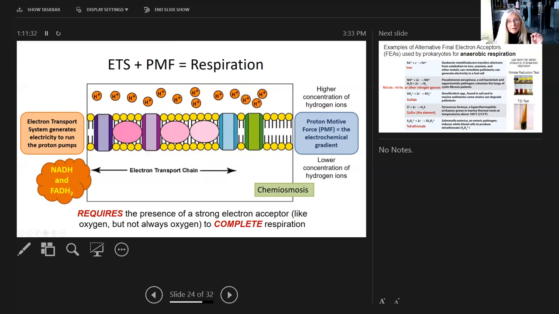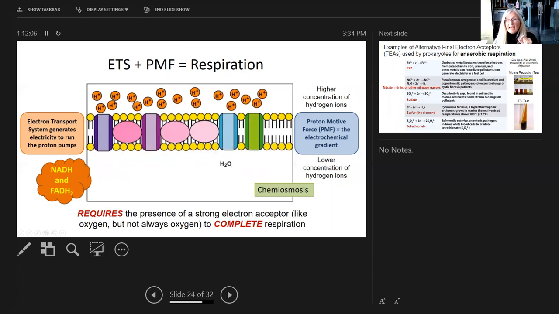But notice what happens. Going back to here, here's our NADH. We remove the H's from them. We split the hydrogen atoms. The electrons are going that way. Look at what the hydrogen protons are doing. Here they get pumped to one side of the membrane. And then water dissociates, and these pumps keep pumping these hydrogen protons to one side of the membrane, thanks to the electricity being generated by the electrons flowing through the electron transport system.